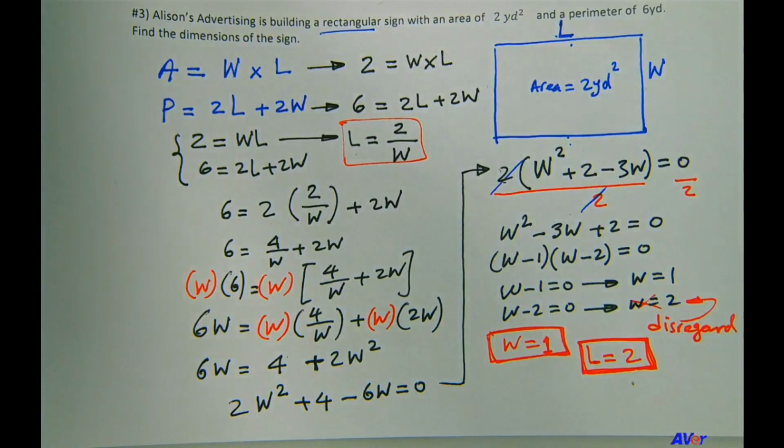It makes no difference really, because if you accepted that answer, you would still get the same thing, but width would be 2 and length is 1. I just picked the one, so the overall dimension of the sign would not make any difference, but what we call it would make a difference, right? Which one is the length and which one is the width, that's all.